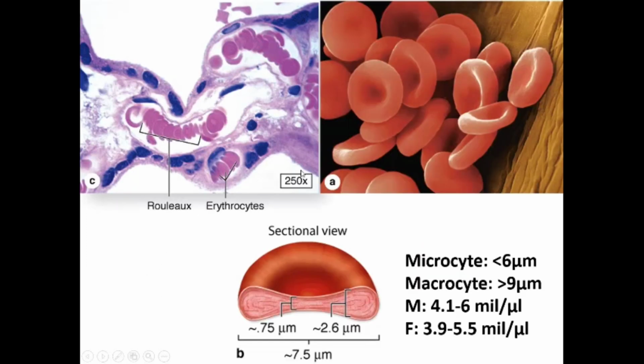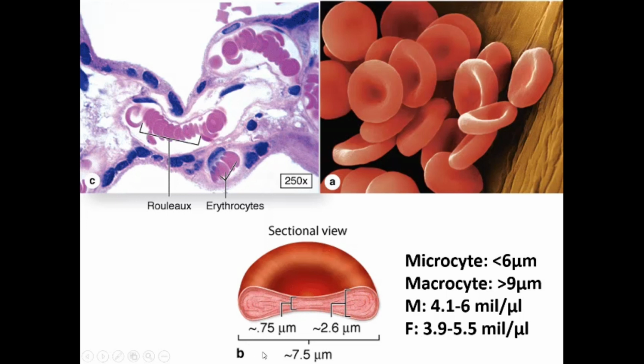Start with erythrocyte. Erythrocyte, you know, is a biconcave cell. These cells lack nuclei and organelles, and the cytoplasm is filled with the oxygen carrying protein hemoglobin.